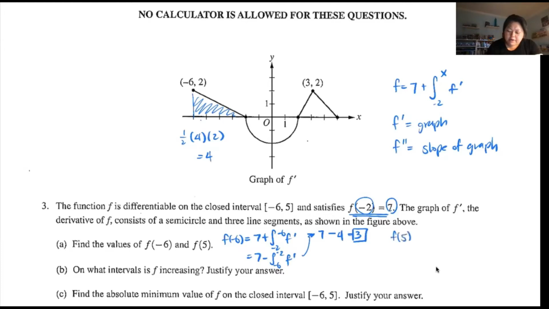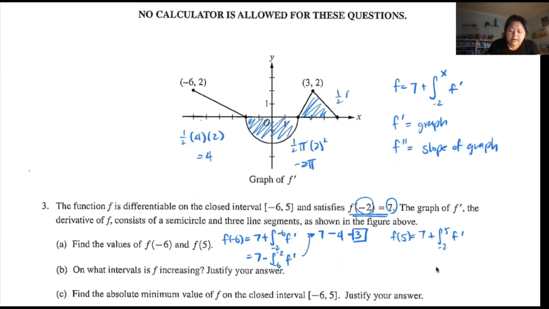So f of 5 is equal to 7 plus the integral from -2 to 5 of f prime. Okay, so in this picture, -2 is here, -2 all the way to 5. So that's our semicircle and our triangle here. The semicircle is going to be 1/2 pi r squared, so that's 2 pi, negative because it's below the x-axis, so -2 pi.